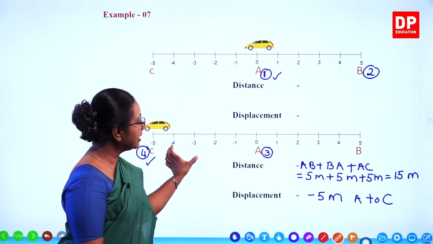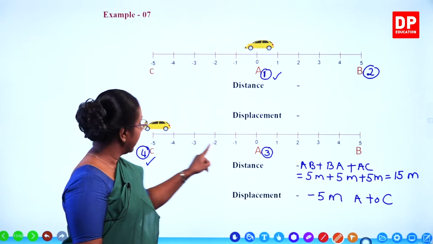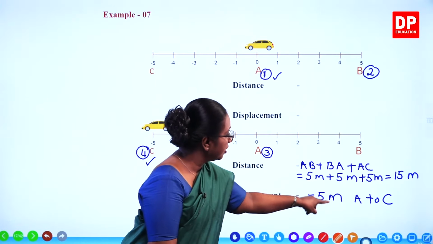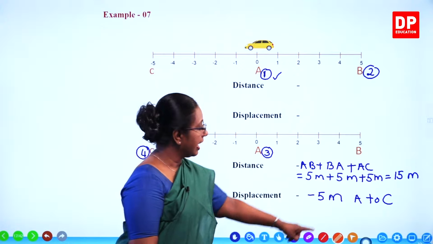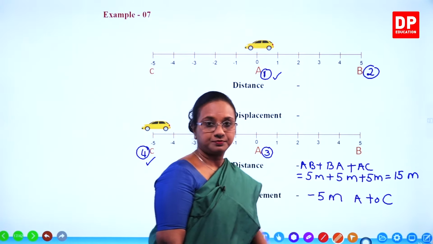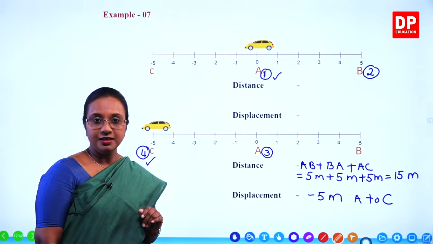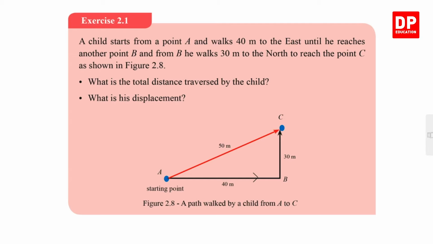But for the displacement, we consider the initial position A and the final position C. Therefore, the value comes as minus 5 meters and the direction is from A to C. I hope you have understood this clearly. Now we will go to the next section.